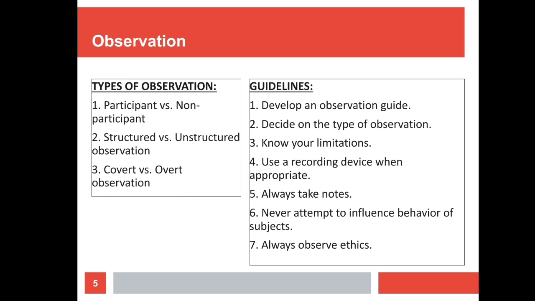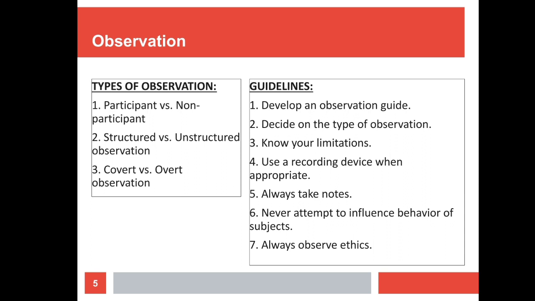So the observer observes his or her subjects in a very vicarious manner. With overt observation, the subjects are aware that they are being observed. Sometimes with overt observation, the same as with participant observation, it somehow influences the behavior that your subjects are showing you.